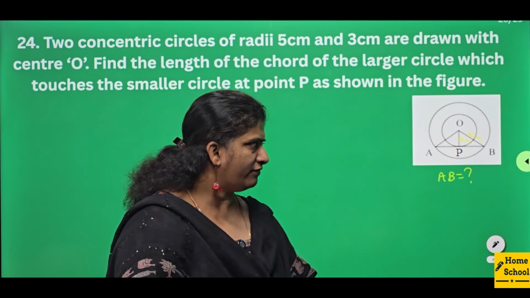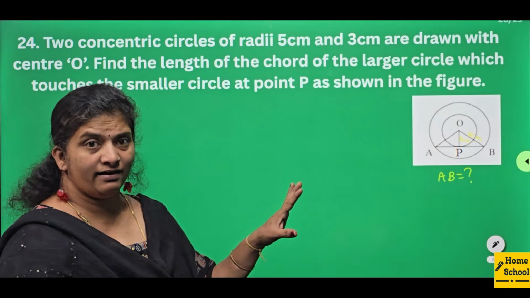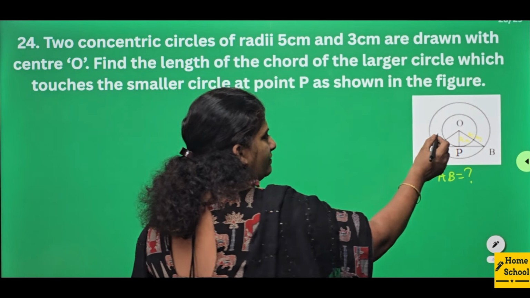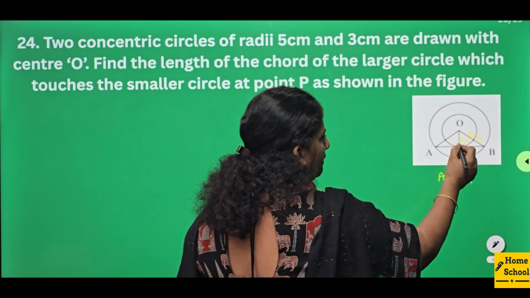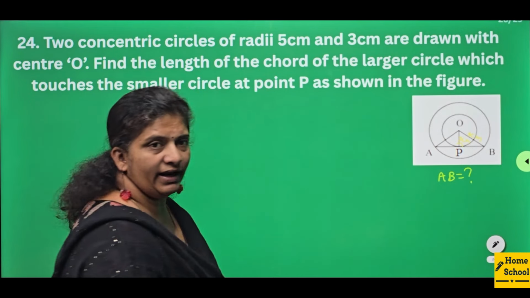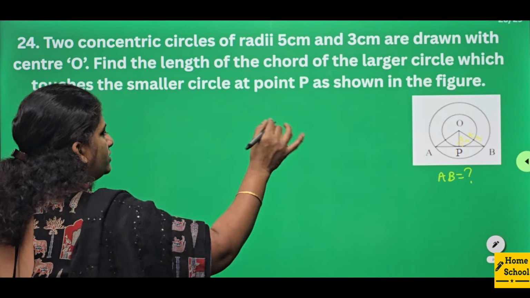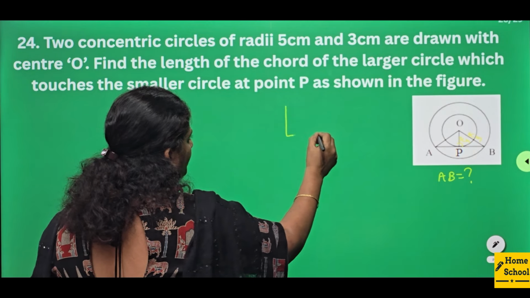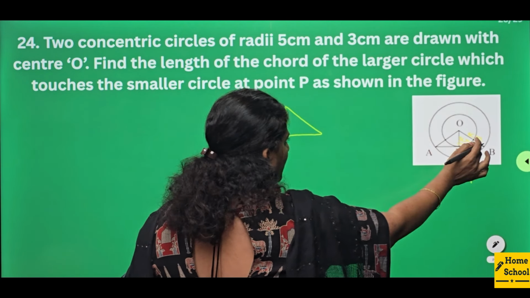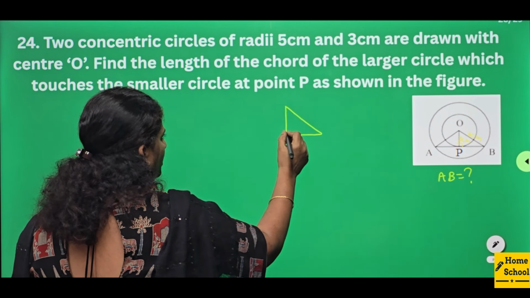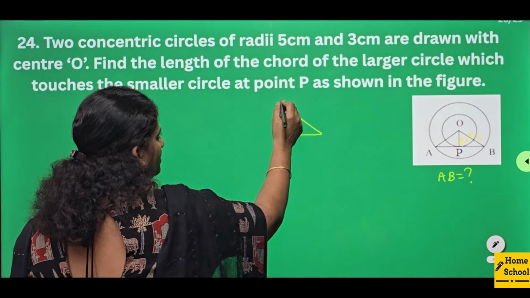Observe the figure carefully. You can see a right triangle. From the center, if I draw a perpendicular to the chord, it will be a right angle. Okay, so let me take a right triangle. See this part of the triangle, I will remove it and I will try to understand.